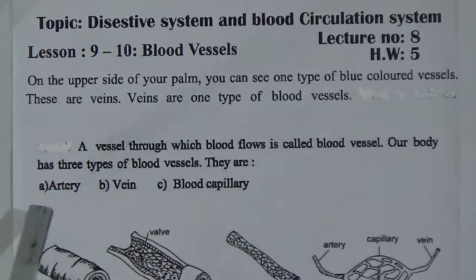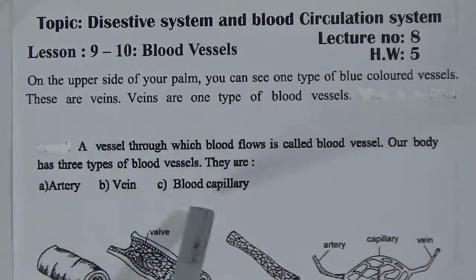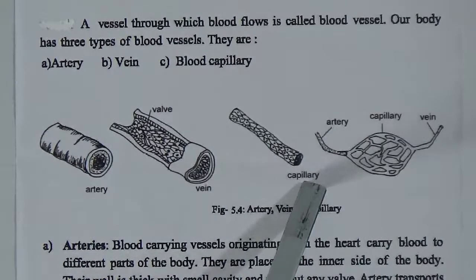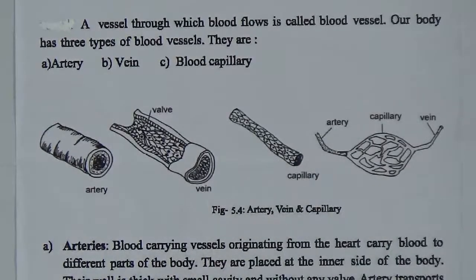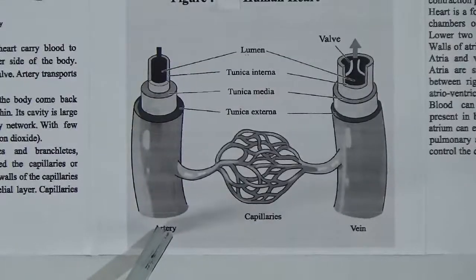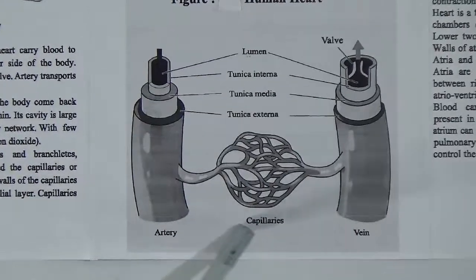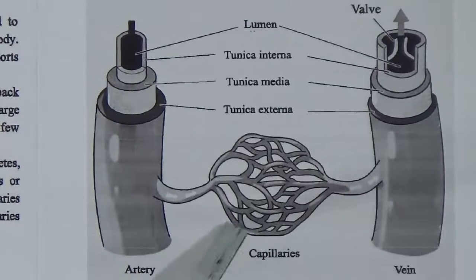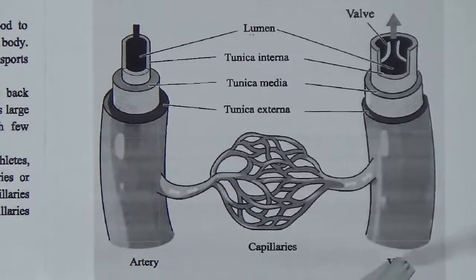They are artery, vein, blood capillary. Here is a picture of artery, here is a vein, and this is capillary. If you look at this picture, you can understand this properly. This is artery and these are net-like capillaries, and this is vein.